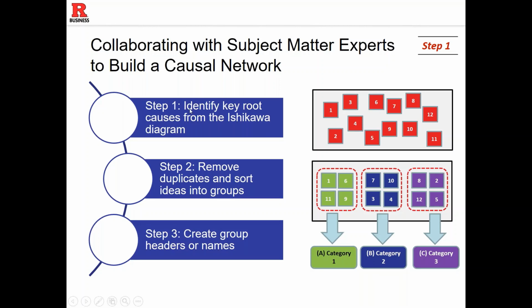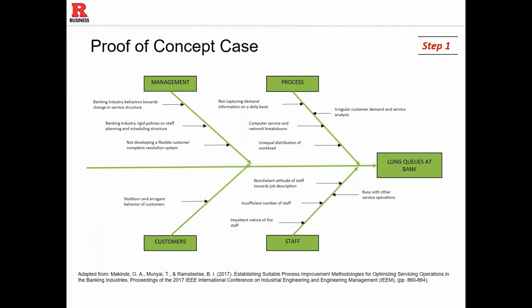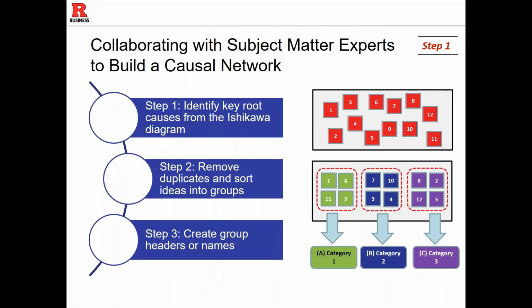Step 2 now is to remove duplicates and to sort these ideas into groups. Sometimes you may have encountered this where some root causes may overlap into 2 categories. For instance, you may have a root cause that exists in the process arm and also the staff arm, which is quite possible. So we wanted to account for that, and we're going to remove the duplicates and classify these into groups.